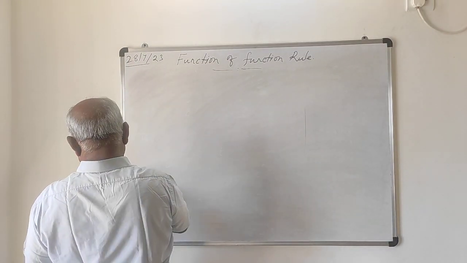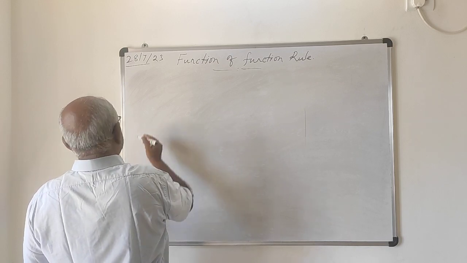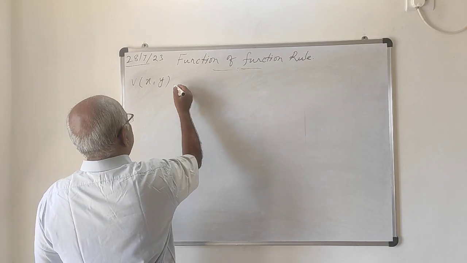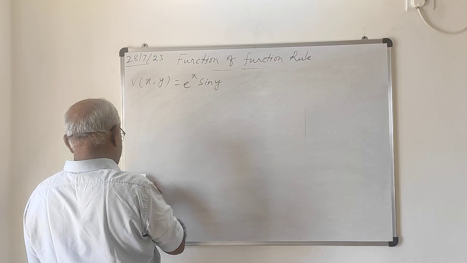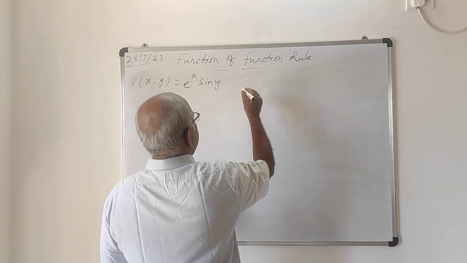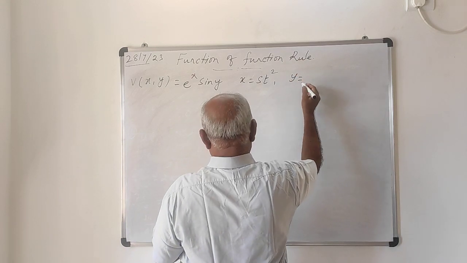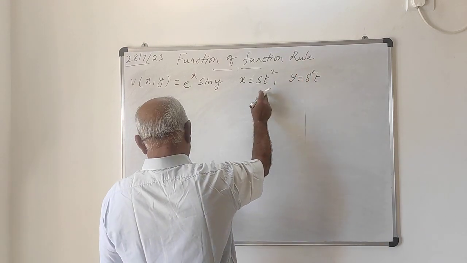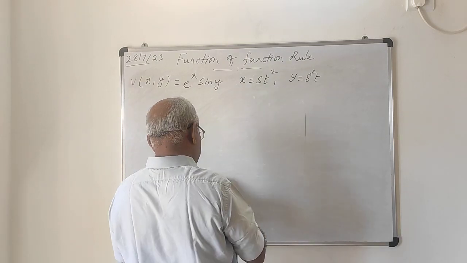But in this case, v is a function of x, y, that is equal to e power x sin y, where x is s t square and y is s square into t. x and y are functions of two variables, s and t.